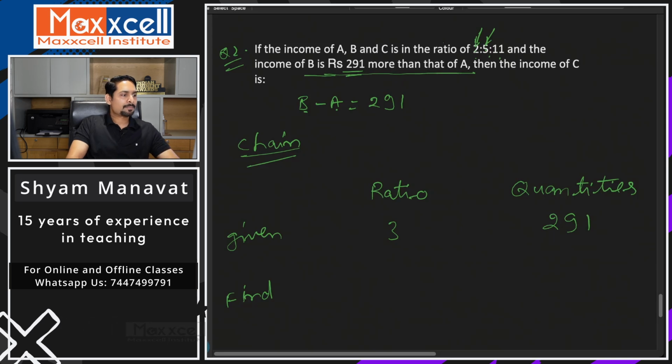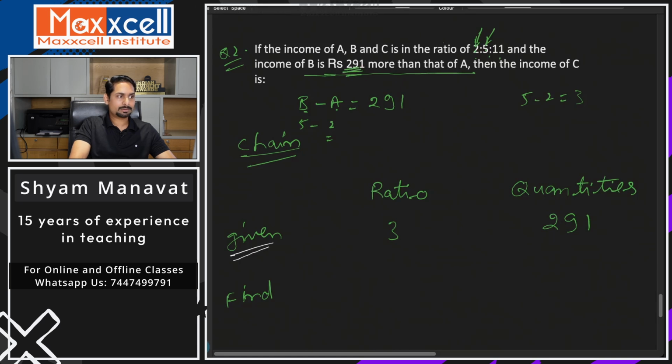That is the given value. So I will write this in the given part. The given ratio is the difference 3, and the given quantity is 291. I hope this part is clear.